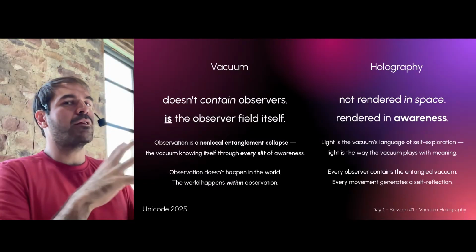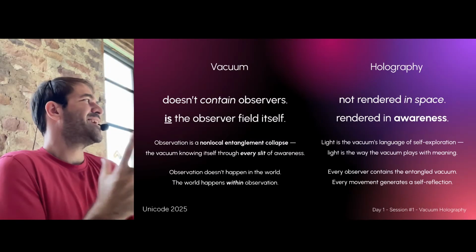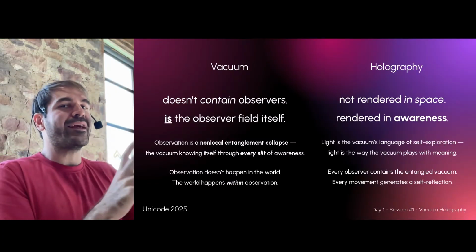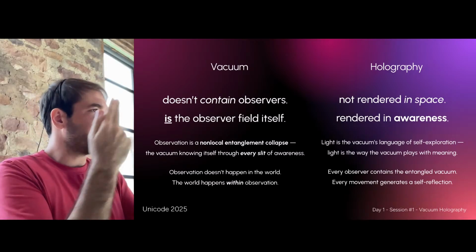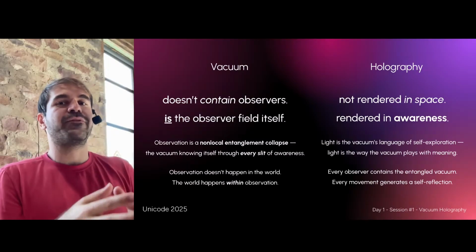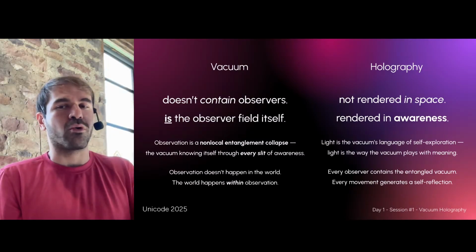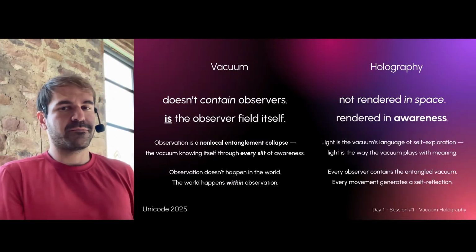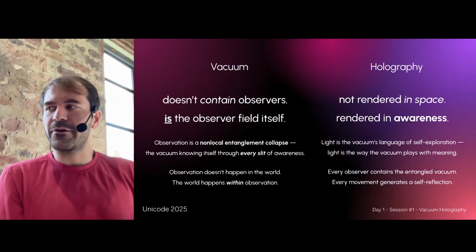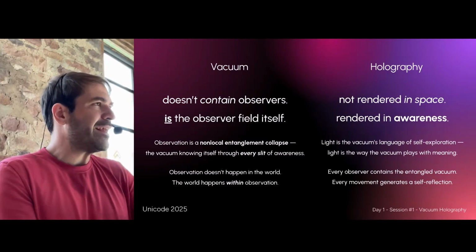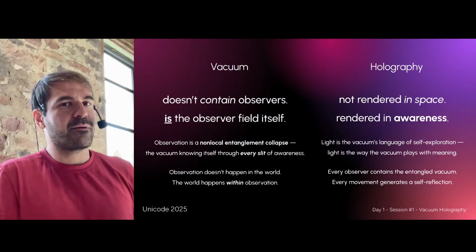Observation is a non-local or omnilocal entanglement collapse, the vacuum knowing itself through every slit of awareness. Observation doesn't happen in the world, the world happens within observation. Holography is not rendered in space, it is rendered in awareness.